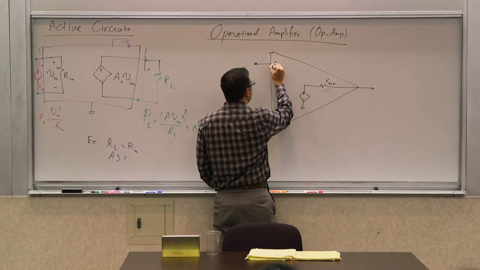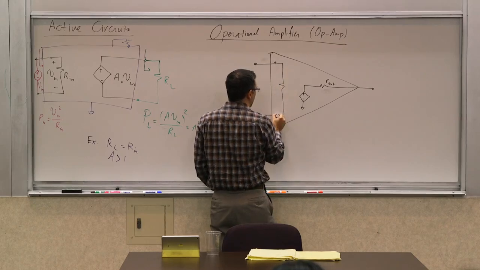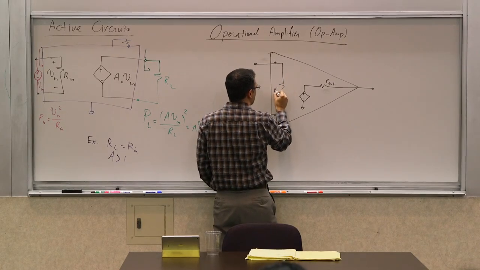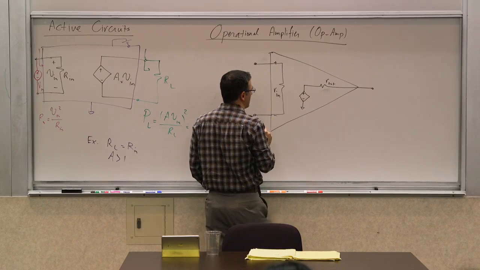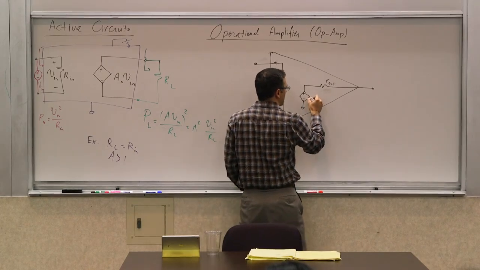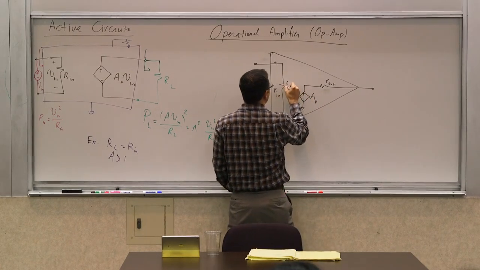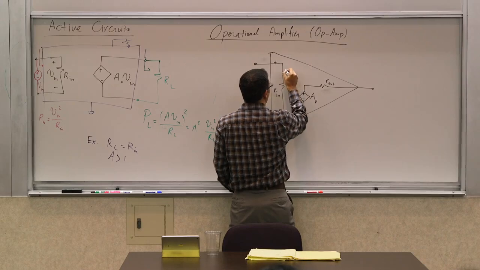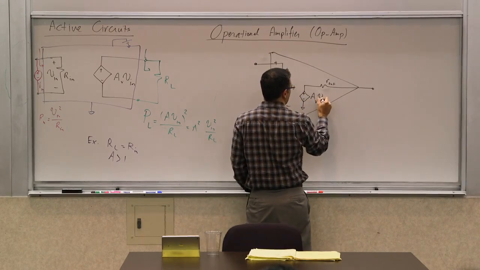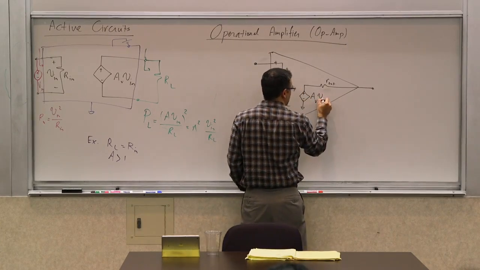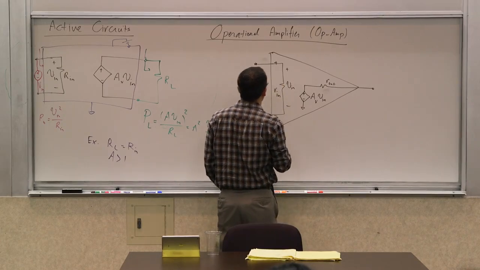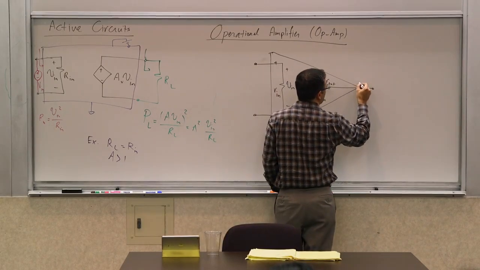And these two input terminals also have an R in, an input resistance. There is some voltage gain, AV, times this voltage. Let's call it V in, which makes more sense that way. So this terminal is called the output, or V out.